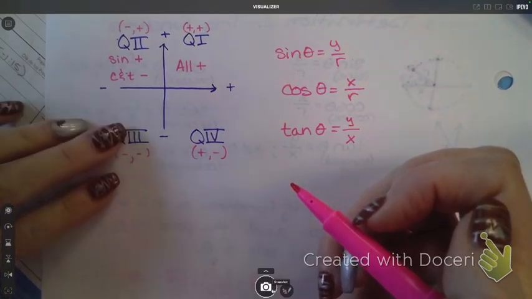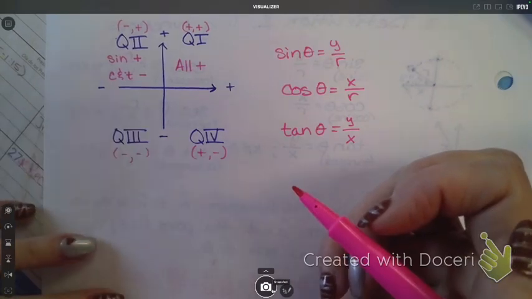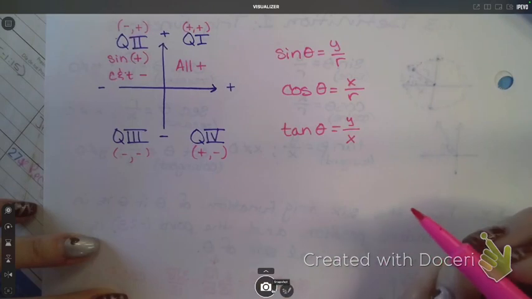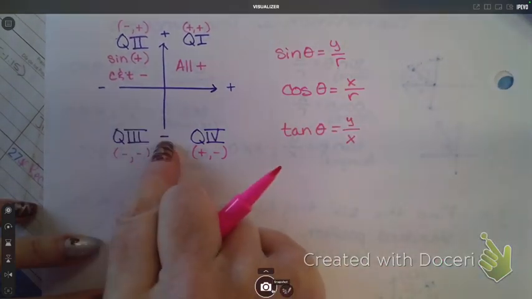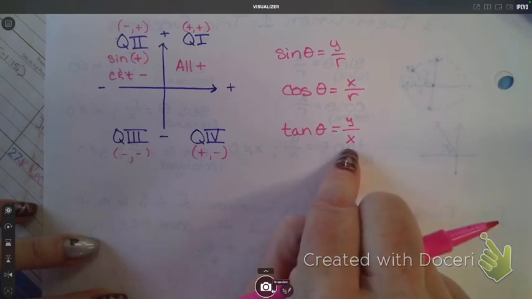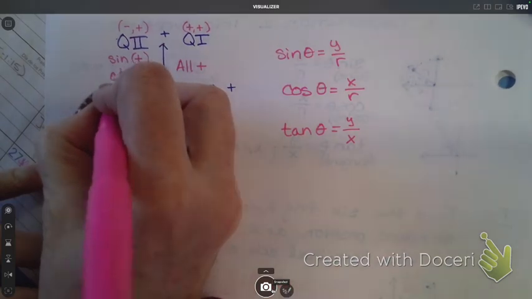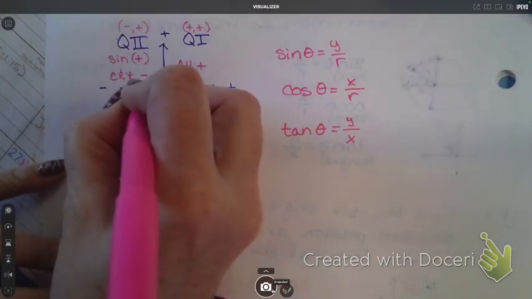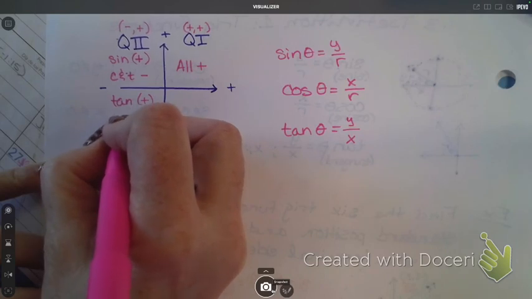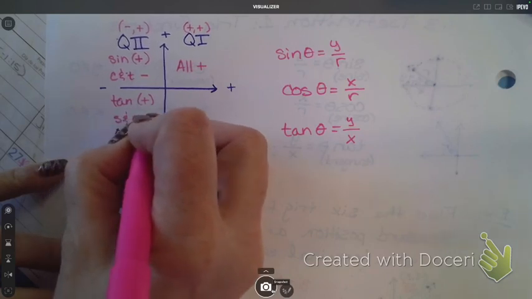Okay, so what is positive in the third quadrant? X and y are both negative, so that would make tangent positive. So tangent is positive, and sine and cosine are negative.